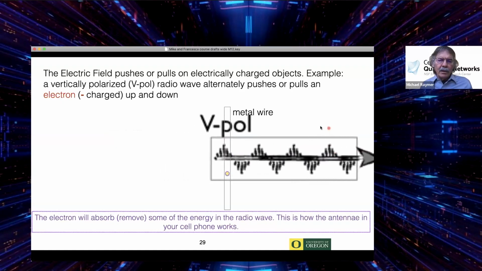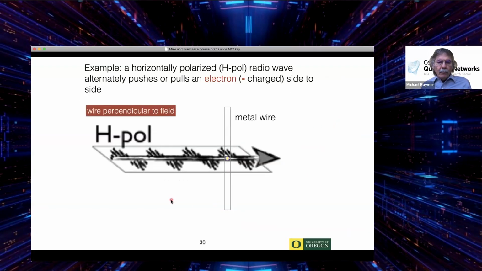This is how radio works. Okay, you can think of this metal wire as an antenna, which is what's in your cell phone. And the electrons in your cell phone antenna are oscillating as radio waves pass by. But the same thing is also true for light waves. Light waves are the same as radio waves, except they have a much higher frequency. Okay, very good.